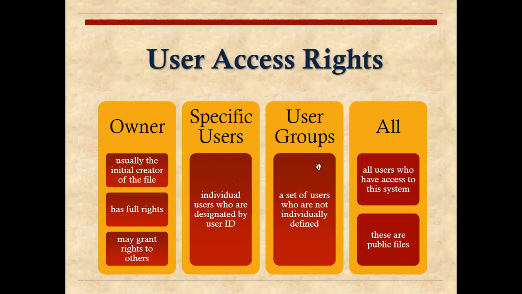Then user groups, a set of users who are not individually defined. Like I am giving my file to your project group. Your project group consists of 4 different members, and all 4 may change a certain data. But I am giving you a unique ID for your project name, not for the individual ones. That is the user group.